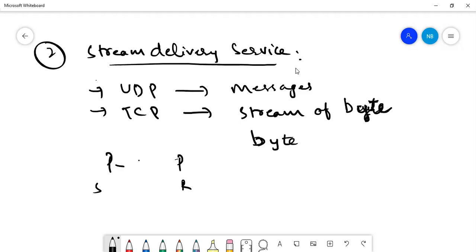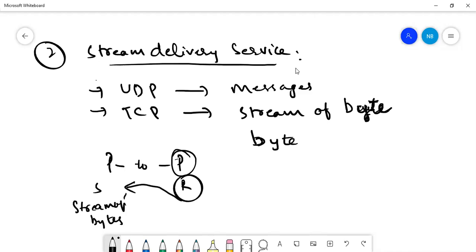The sender will send its stream of bytes to the receiver, and the receiver will again send in return some stream of bytes in response to the sender.